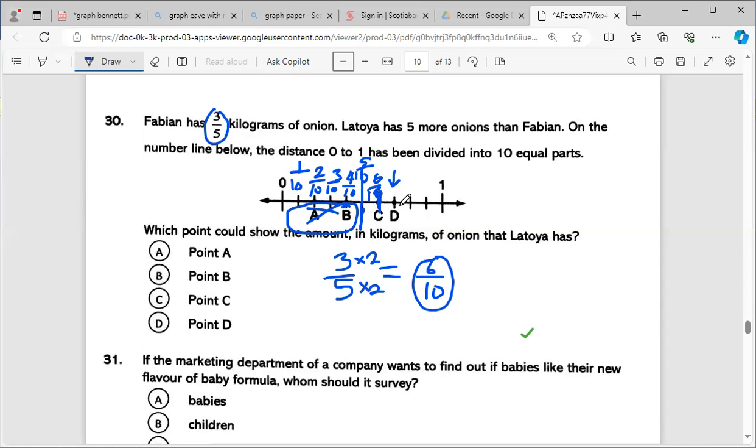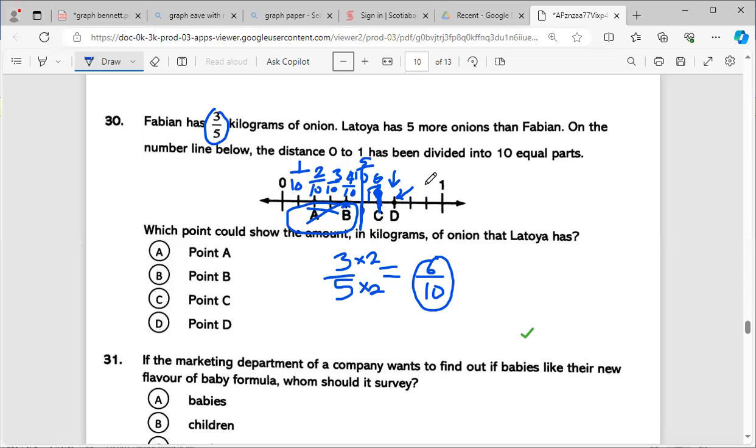That means Latoya, because she has more, we are going to assume that it's heavier. Even though it's not necessarily true, because you can have big onions and small onions. So the examiner doesn't really think about it that way. Somebody can have 5 onions and the one with 3 onions has way more weight. Do you understand what I'm saying, guys?